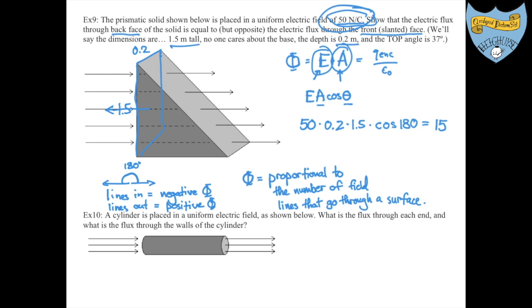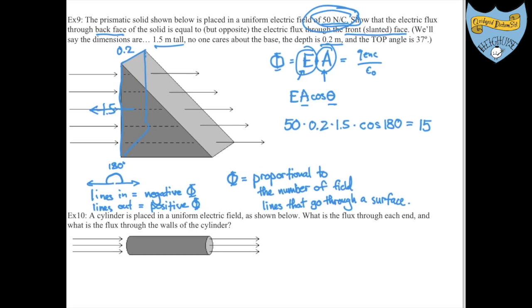15 what exactly? Well, that's a great question. Let's ponder that. Looking at the equation for flux, it's E times A. Electric field, you ought to know, is measured in newtons per coulomb, and surface area is measured in square meters.